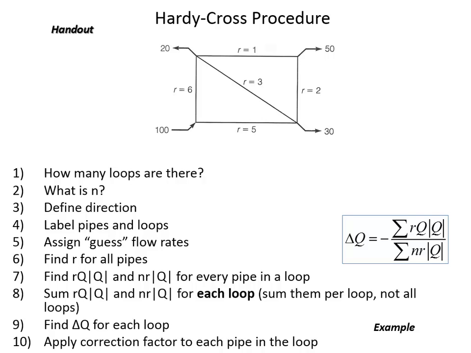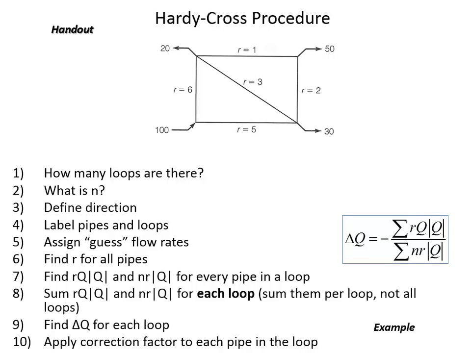Now the hard part sometimes is just this step where we assign a guess flow rate. Okay, so here's what I'm going to guess. I'm going to guess that this 100 that comes in goes equally 50 here and 50 there. It's an okay guess. I could have done a little bit better.